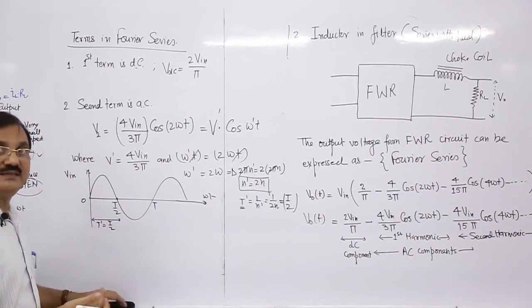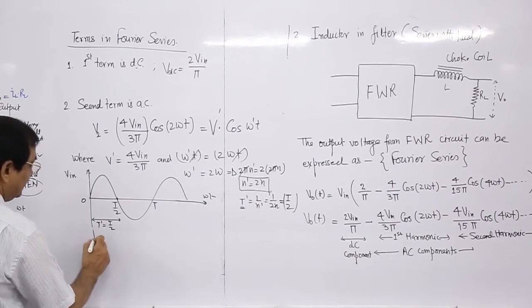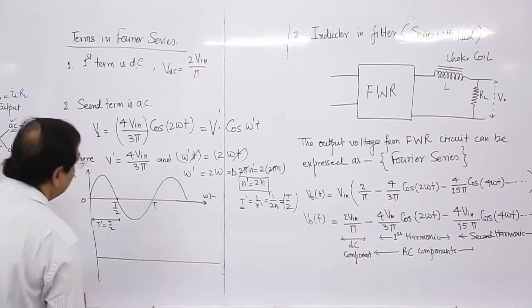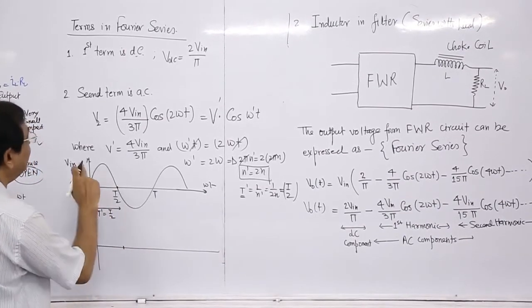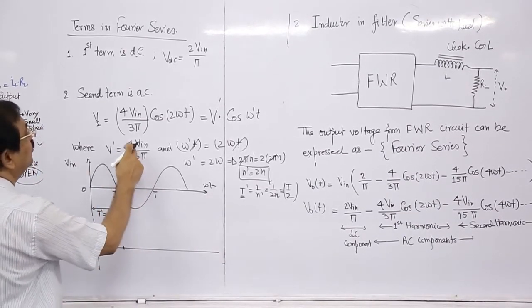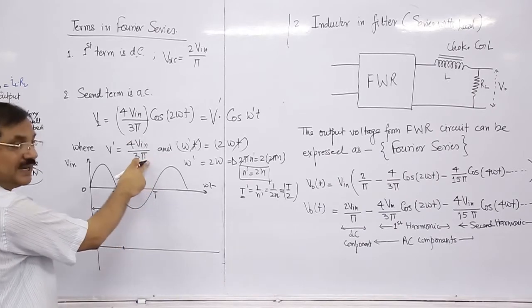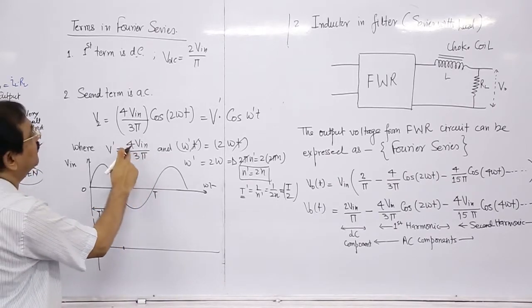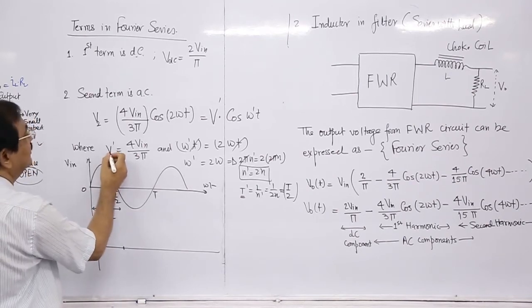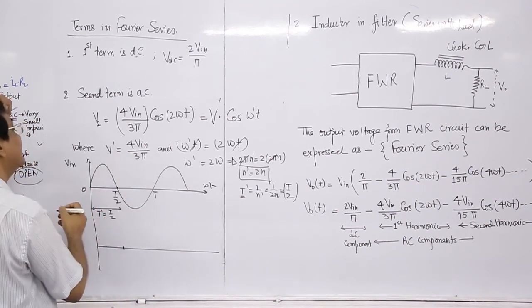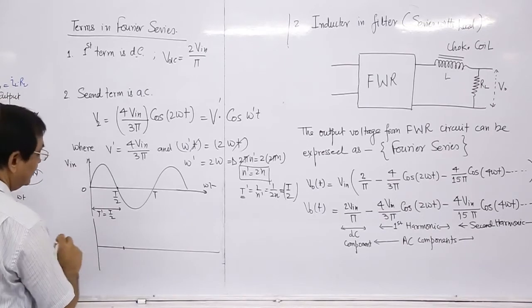So, what will be the wave shape? The wave shape will be this is t by 2 and the value is 4 V in upon 3 pi. So, this V dash is less than V in.